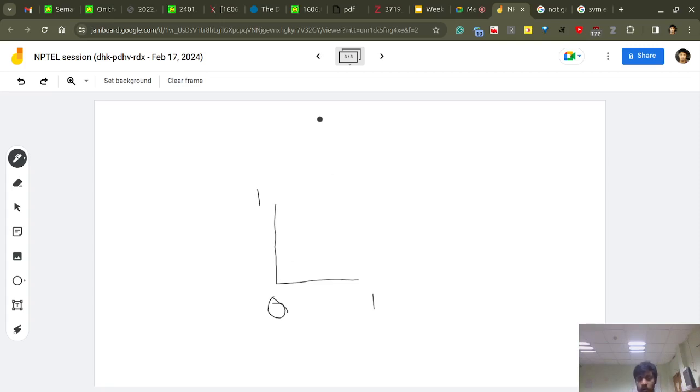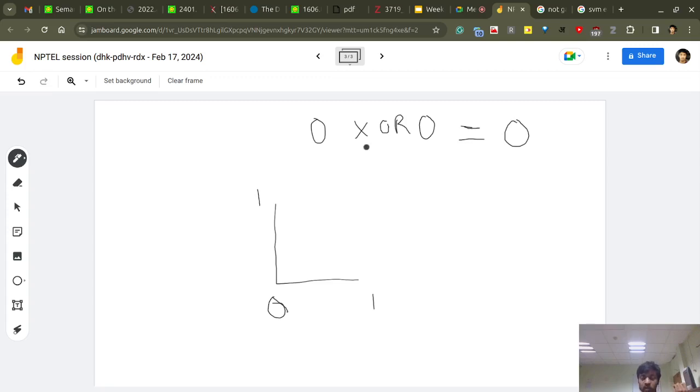So here 0, 0 is 0, and for XOR it will be 1. Reverse of OR gate, right? No. XOR is like for 0, 0 it will be 0. You are saying a NOR gate, and that is the opposite of OR.